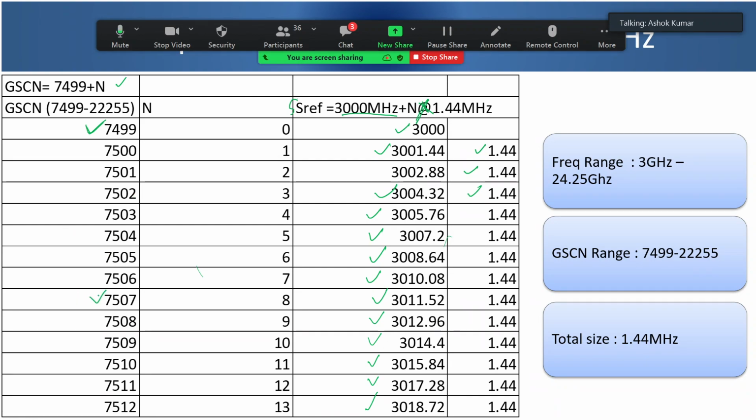Corresponding to 7507, the exact frequency will be 3011.52 megahertz. Just like channel numbers, you define certain numbers corresponding to each frequency. So this is just a number which is defined.